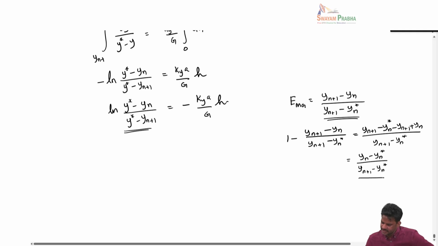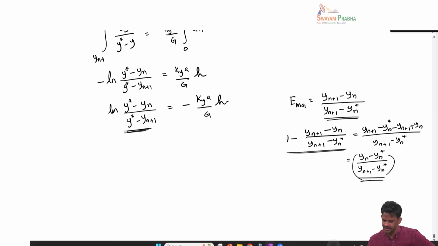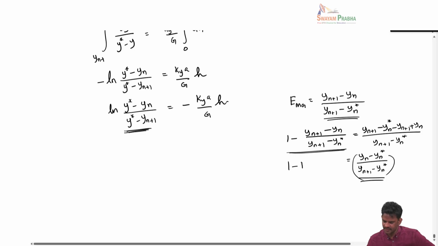You can see that this term is exactly this term, right. So, for this particular term, I can use this particular term, and this is nothing but 1 minus our EMG.